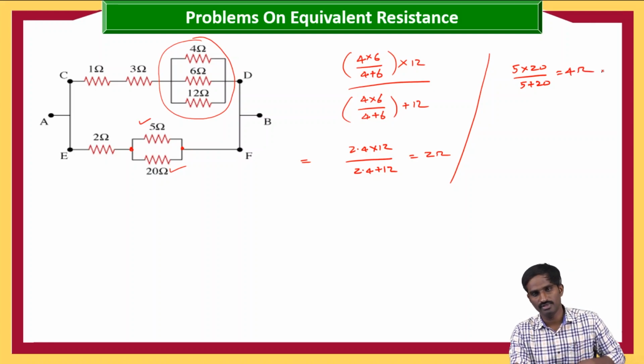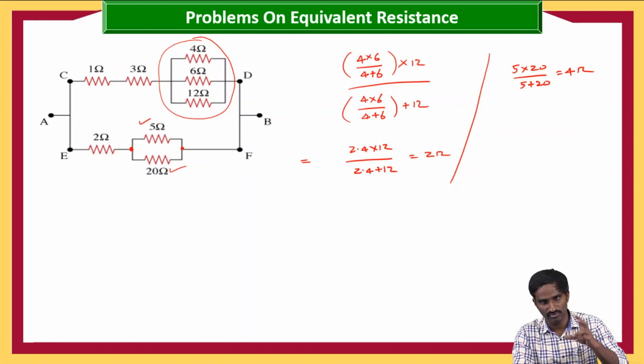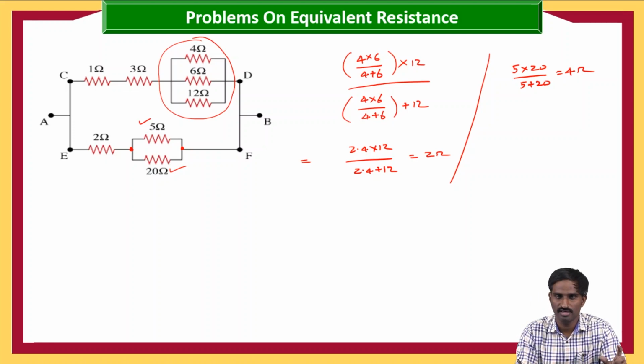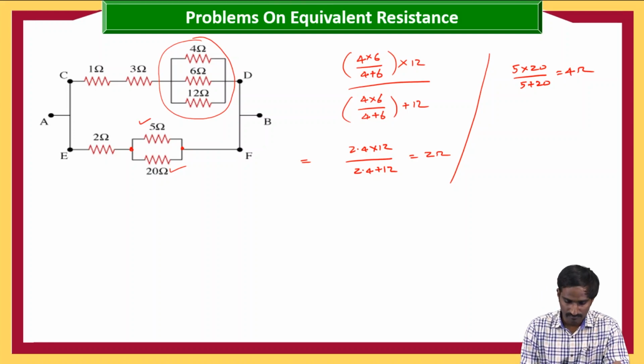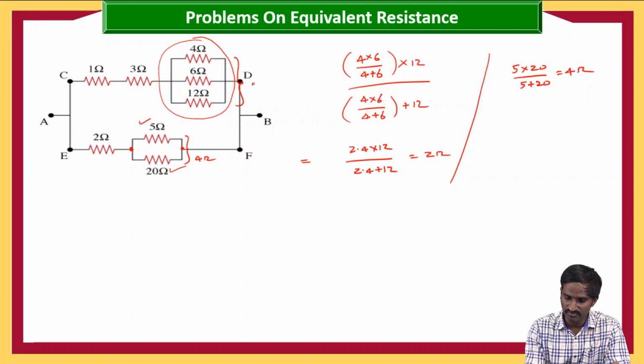Anyway, if two resistors are in parallel, then definitely you will get the reduced resistance value. So this can also be replaced with 4 ohms, and these 3 can be replaced with 2 ohms.